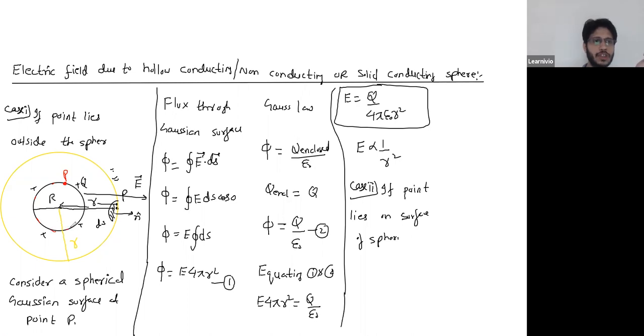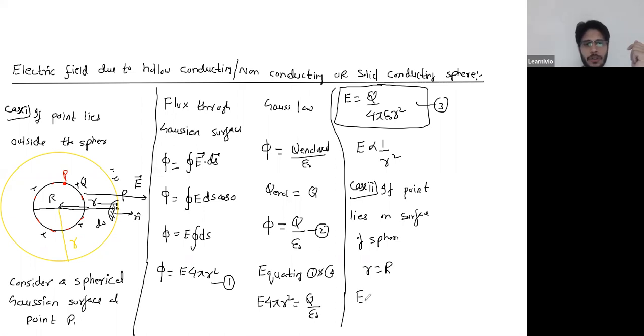Because you will take a Gaussian surface which is passing through the surface of sphere, which is passing through the point. So if I call this as equation number 3, so here small r would be equal to capital R. The whole calculation would be same. Just instead of small r, you will use capital R.